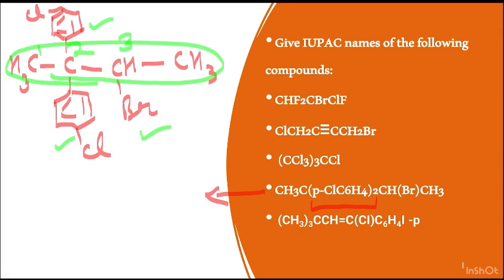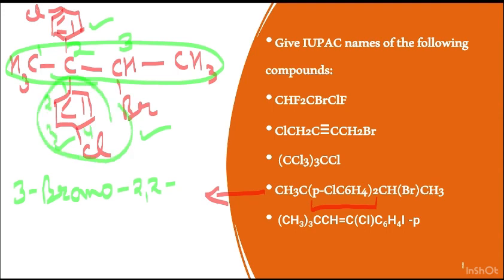When you write alphabetically, 3-bromo, 2, 2. On second carbon, you have 4-chlorophenyl we call it. But this is a complex substituent, so I cannot write di.